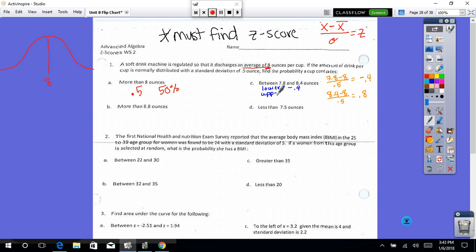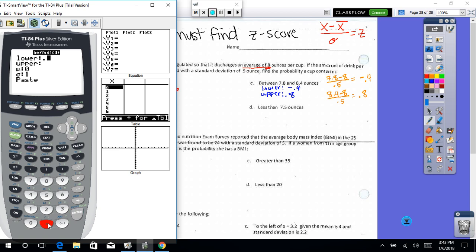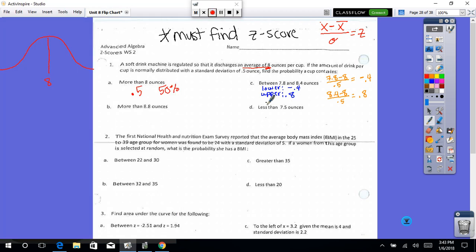For my upper z-score, I'm going to use the 0.8. Go down to paste. And we get a percentage of 0.44, which is 44%.